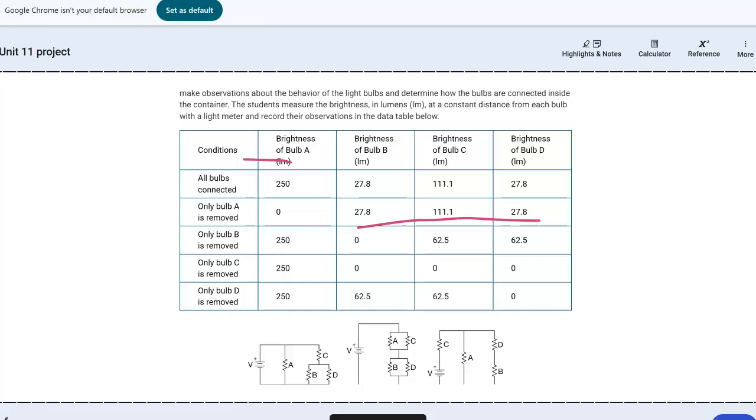So that means A must be in parallel with the three other bulbs. So A must be in its own parallel branch by itself.